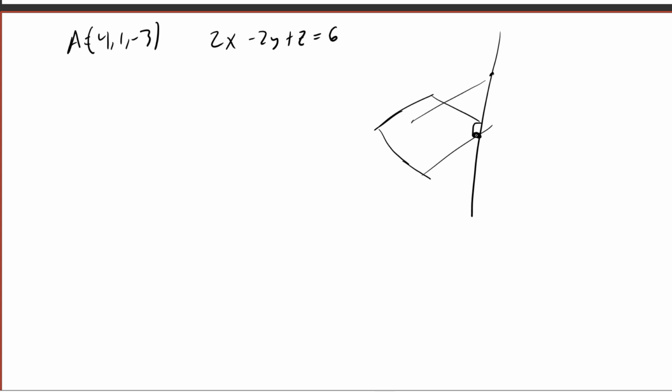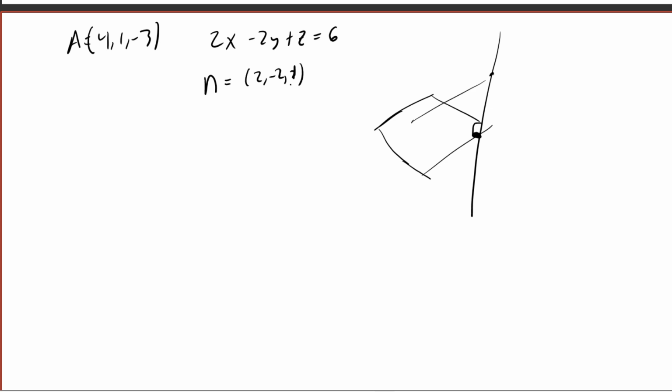Okay, so let's first find the equation of the line. We know the direction vector of this line. It's just the normal to the plane, right? Because the line has to be perpendicular to the plane. So the normal is the same as the direction vector, which is (2, -2, 1).